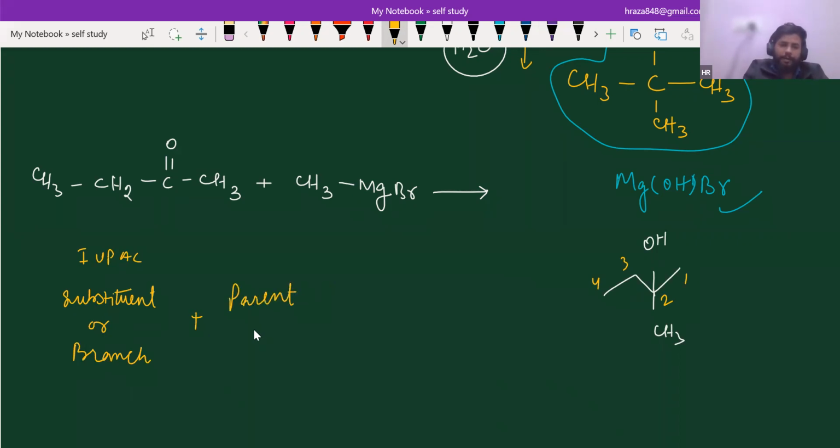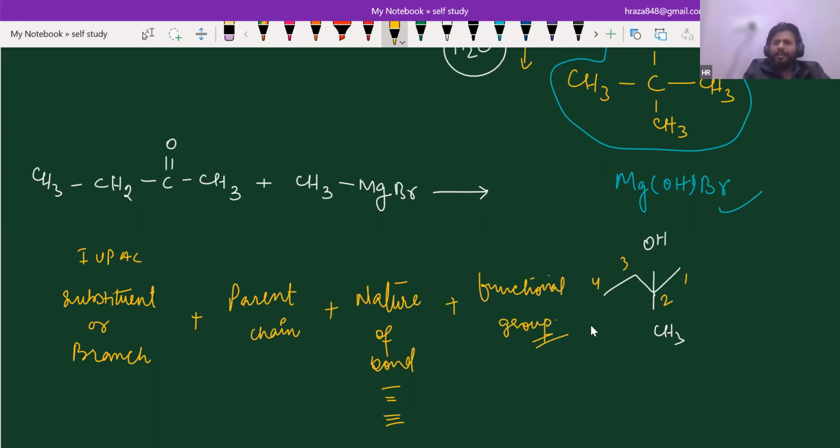Then we come to the nature of the bond, that means single, double, triple, that means an, en, yne. And then we come to the functional group, that means the name of the functional group. If there is no substituent, then we directly jump to the parent chain.